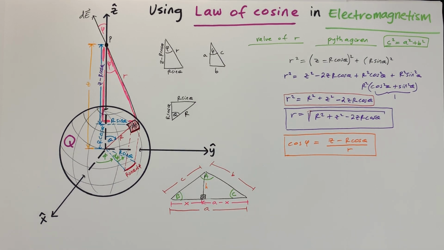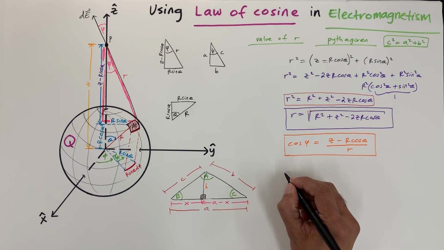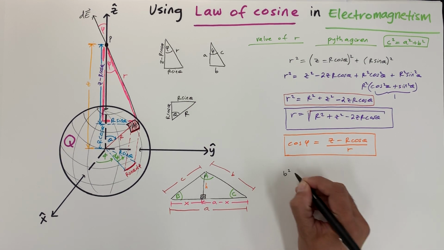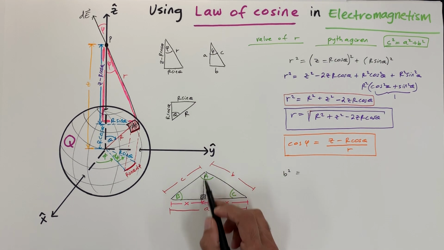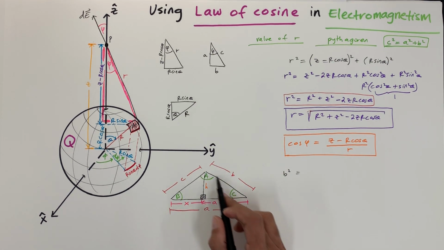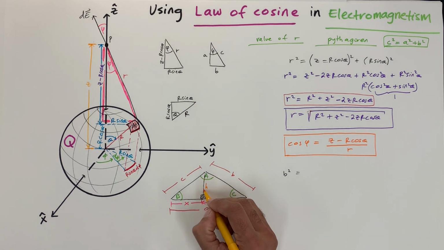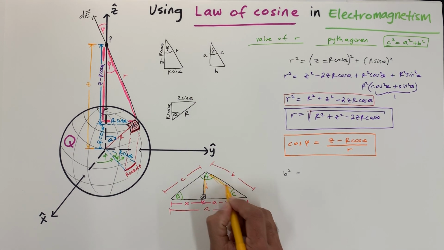Now that we have all that, we're going to use Pythagorean for this situation also. So we're going to do b squared is equal to, we're going to do the Pythagorean for this triangle right here. Let me highlight that so there's no confusion.